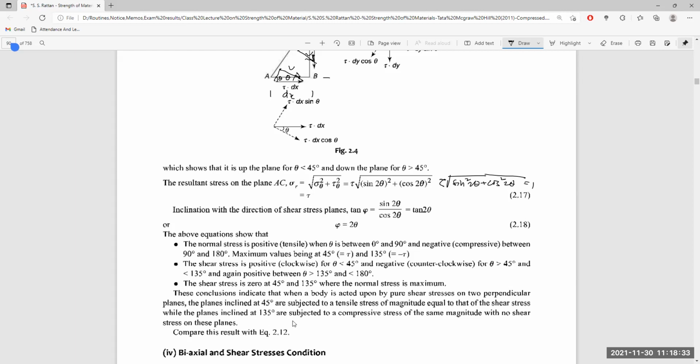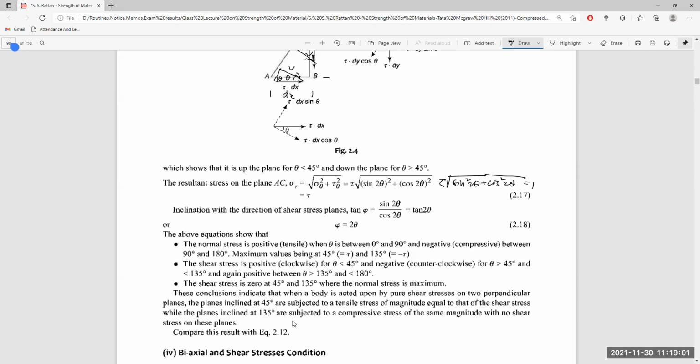The maximum values are at 45 degrees, equal to tau, and at 135 degrees, equal to minus tau. The shear stress is positive for theta less than 45 degrees and negative for theta greater than 45 degrees, and again positive between 135 and 180. The shear stress is 0 at 45 and 135 degrees, where normal stress is maximum.